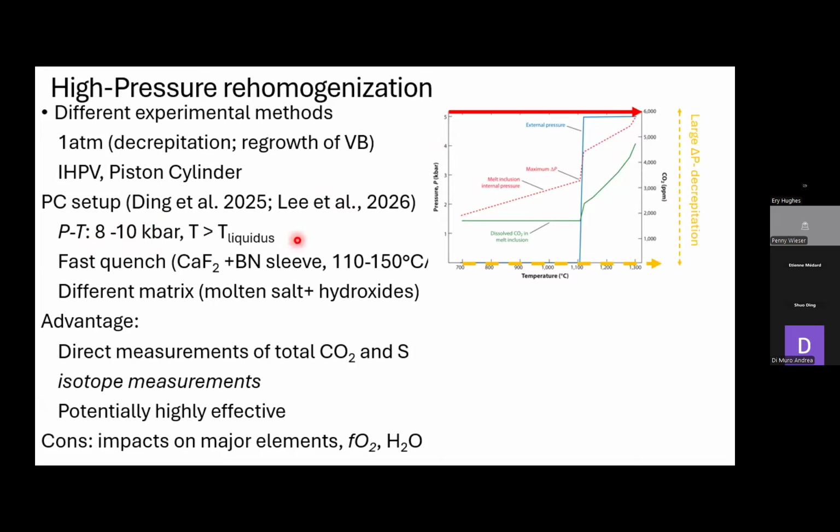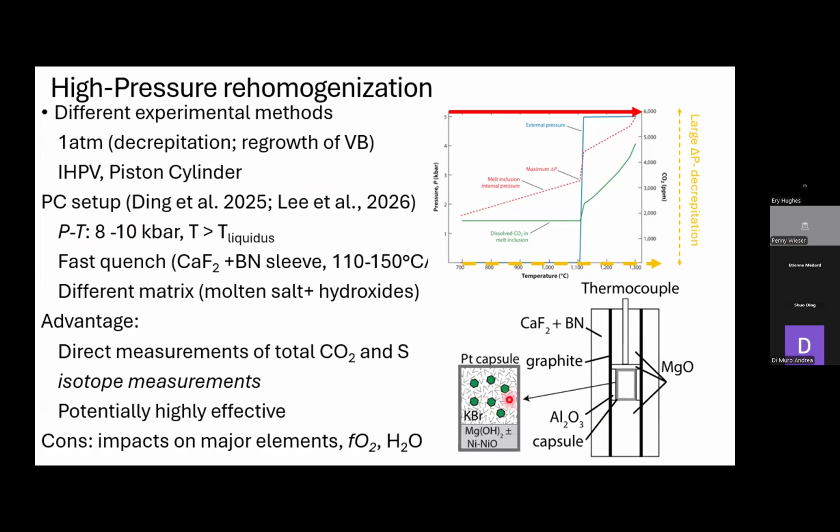We have also used a calcium fluoride pressure medium that allows much faster quench compared to the conventional barium carbonate sleeve. We also surround the crystals in molten salt plus hydroxides to minimize the water loss.